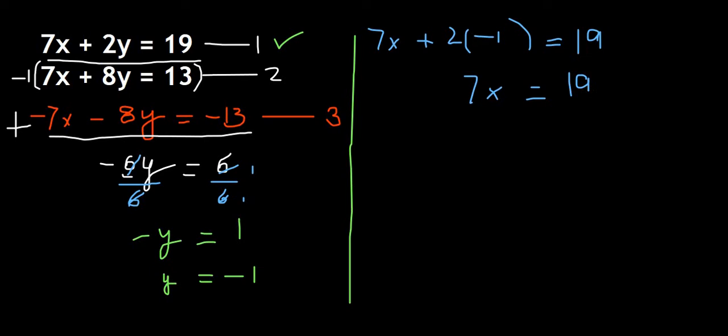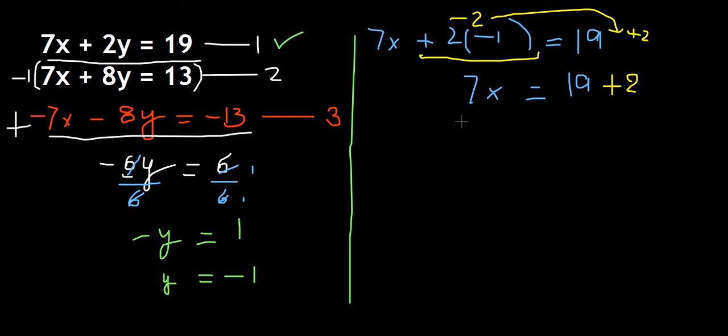Now wait a minute. What was the answer of this? Plus 2 multiplied by minus 1 is minus 2. So when minus 2 is shifted towards here, the sign will change to positive 2, so we are going to write plus 2 right over here.